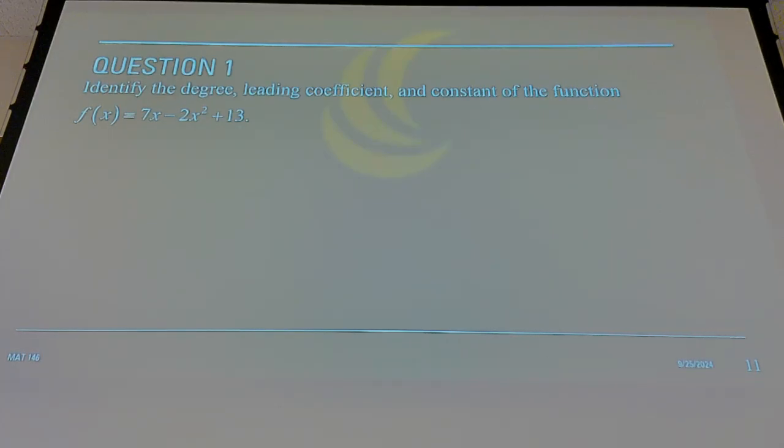We're given a polynomial. We're asked to identify the degree, the leading coefficient, and the constant. First, the degree. What is the degree?